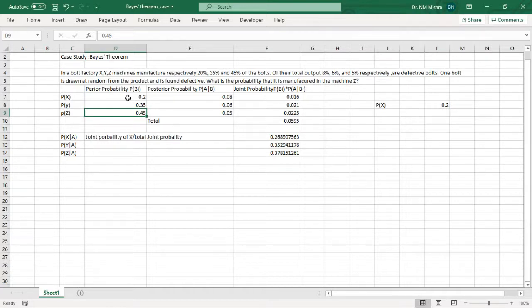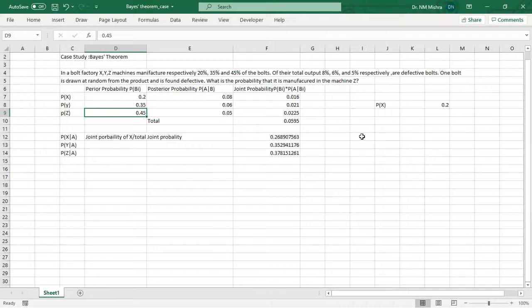Now another piece of information is given about their total output. Total output is 20%, 35% and 45%, that is 200, 350 and 450 bolts. 8%, 6% and 5% are defective bolts. Suppose you are manufacturing 200 bolts, then 8% of 200 means 16 bolts.